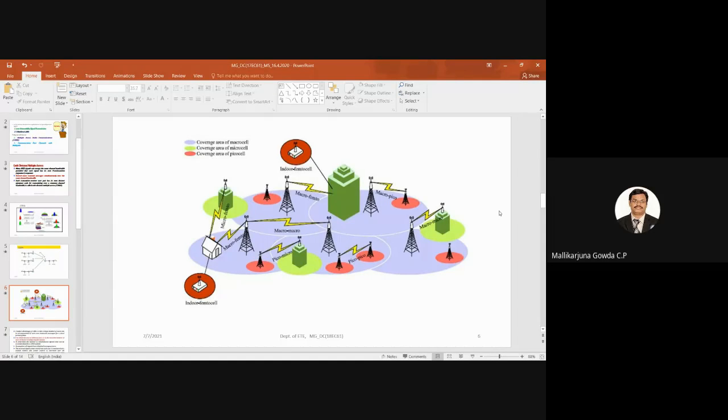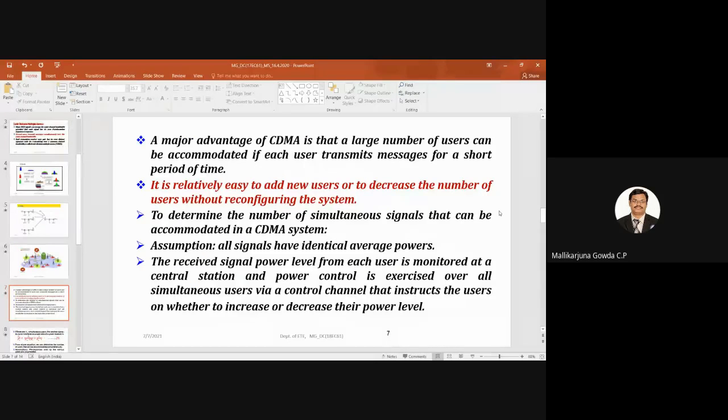Fine. So let me try to explain the advantages of CDMA. The major advantage of CDMA is that so large number of users can be accommodated if each user transmits the message for a short period of time. So it is relatively easy to add new users or to decrease the number of users without reconfiguring the system.